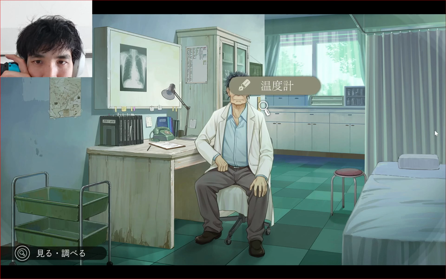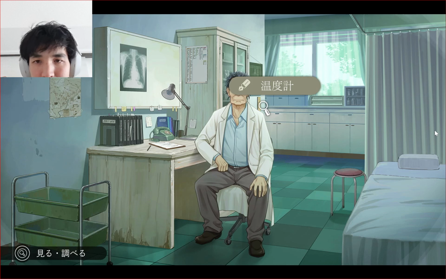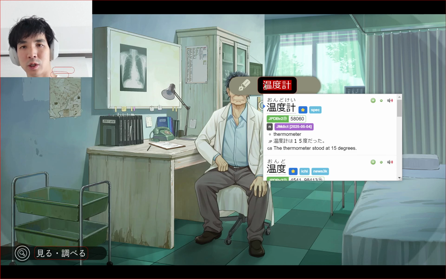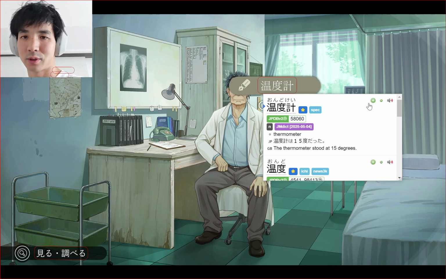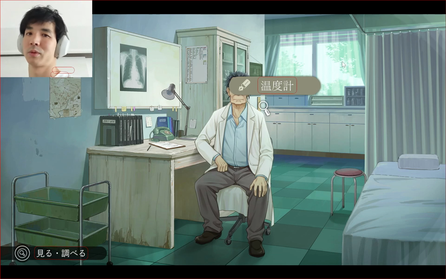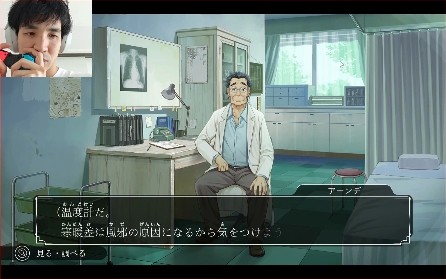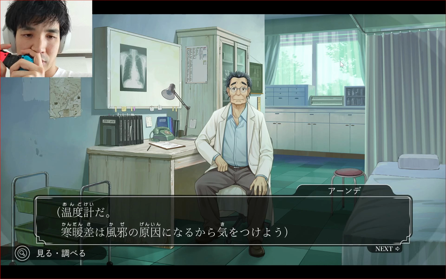What is this thing? Ondo. Okay. What is that? Like a thermometer? Oh, I guess they're right. Thermometer. It's a thermometer. Temperature differences can cause colds, so be careful.